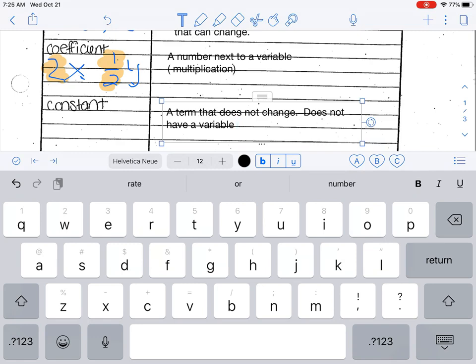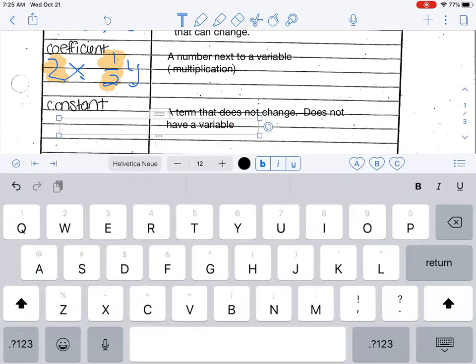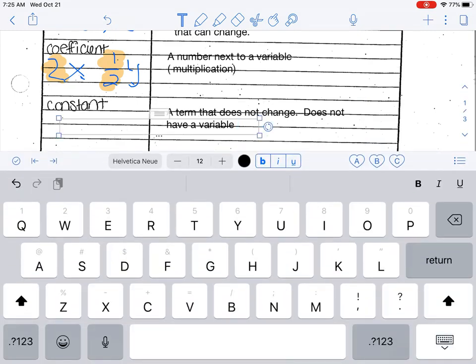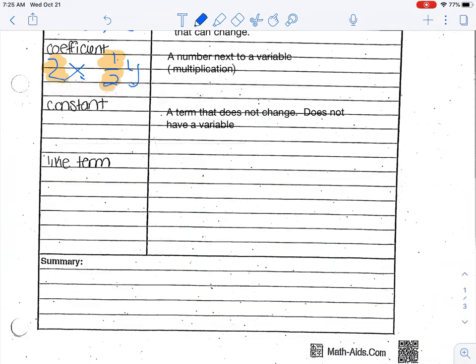For instance, this might be, sorry, I got the wrong thing here. So you had 3x plus 3. The constant in this case is the 3 because there's no variable next to it. And that can't change. 3 is always going to be 3.